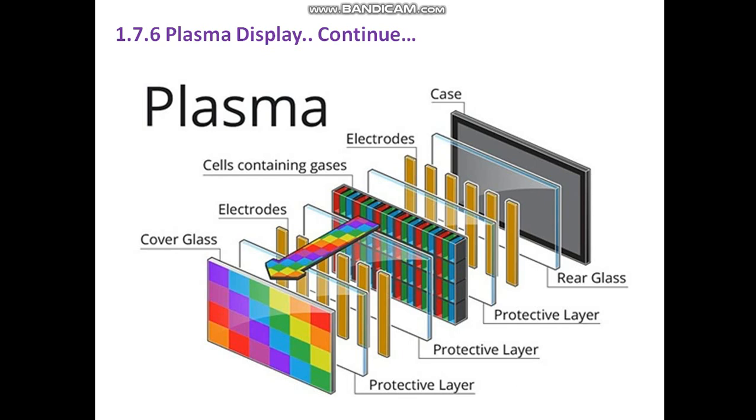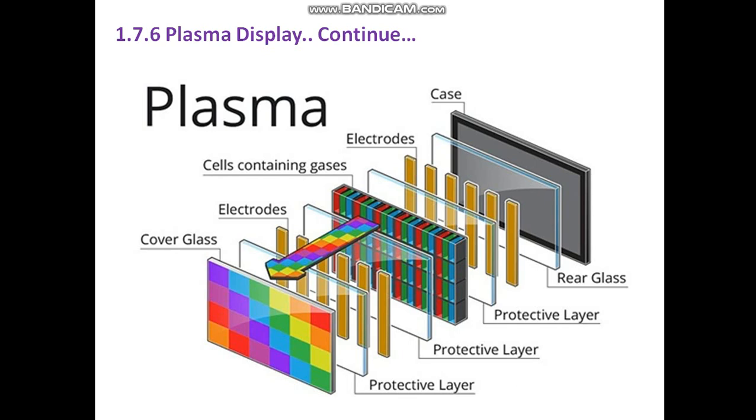Two glass plates are used, and a gold electrode is used. In between the two glass plates it is filled with neon based gas, and it is sealed. When we apply the voltage on this neon gas, it emits a light.